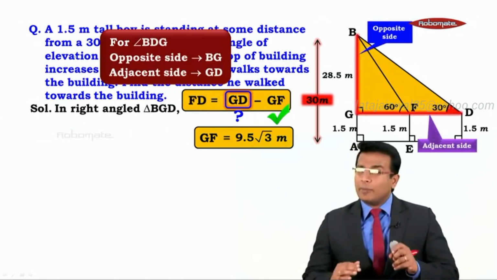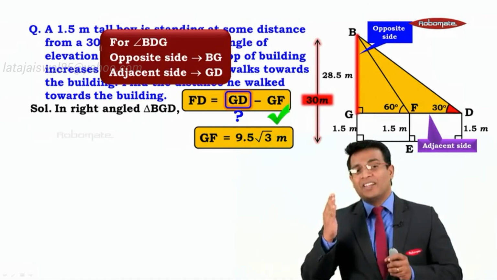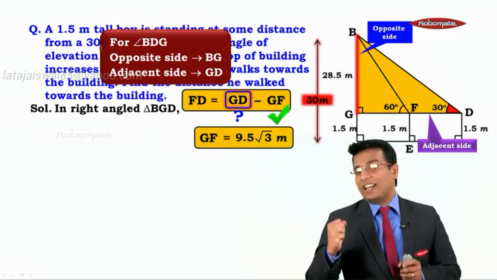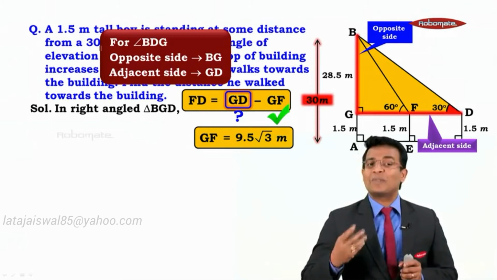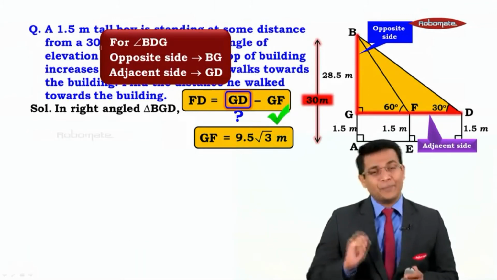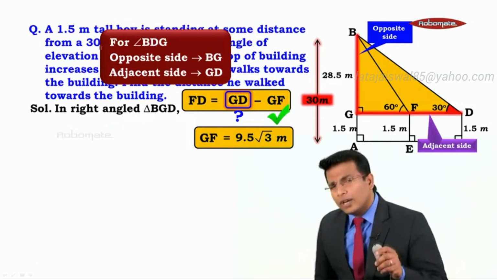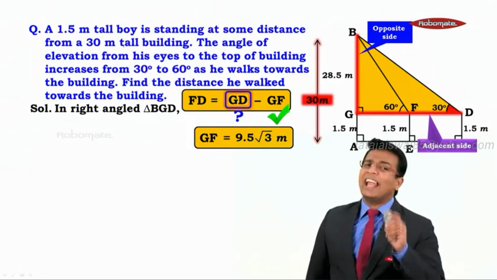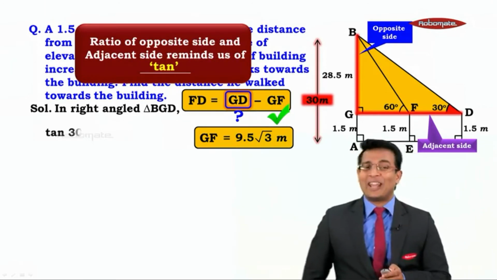Remember students, in this sum for two right angle triangles we have that common side BG. I said always focus on the common side, and that is something which we should know. Here we have the value, so it's making the sum very easy. If you don't know, we always find it, right? Now further we are going to use a trigonometric ratio which involves opposite side and adjacent side. Which is that ratio? Yes, it is tan.